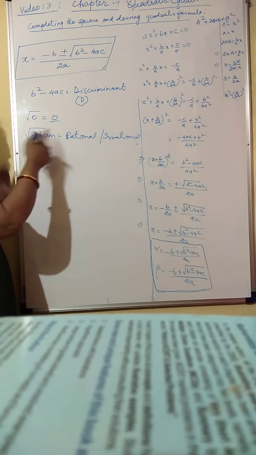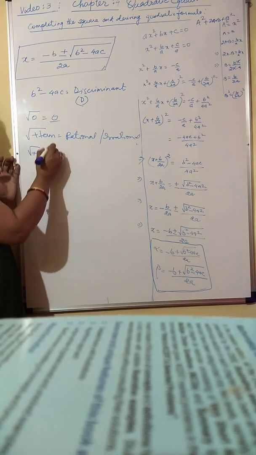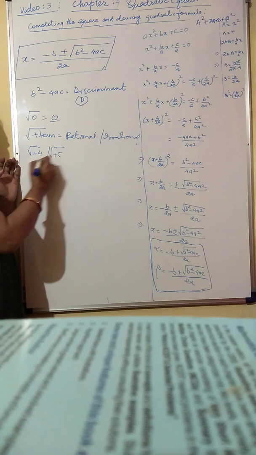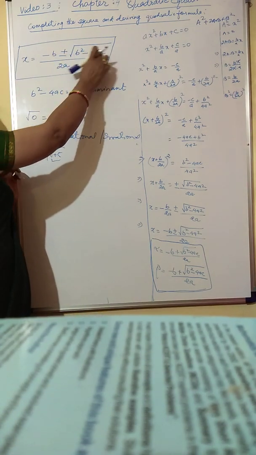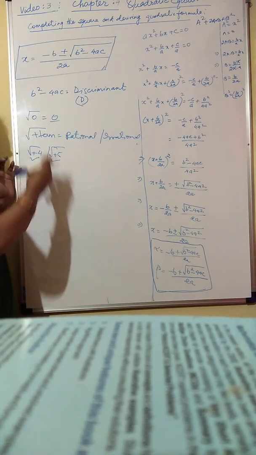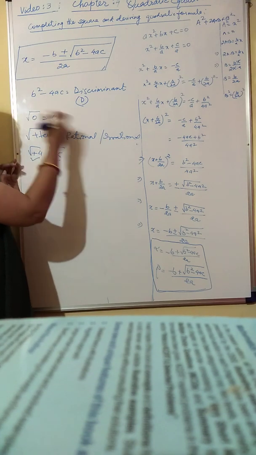If there is under the root any positive value, for example, say I write under the root plus 4 or under the root plus 5. Now this is rational, this is irrational. So when you simplify, you will get some value. So you may get under the root rational or irrational.